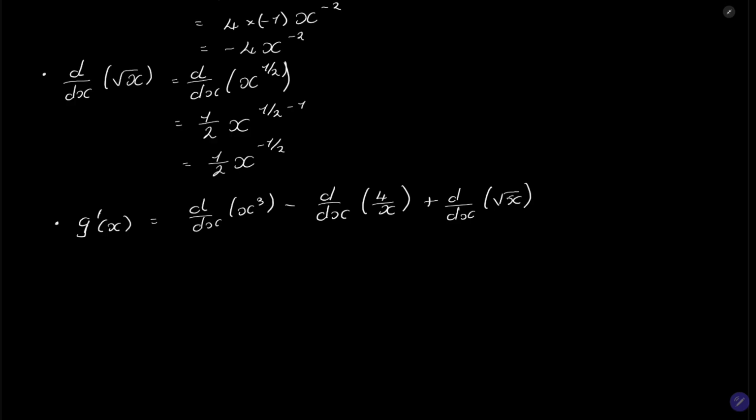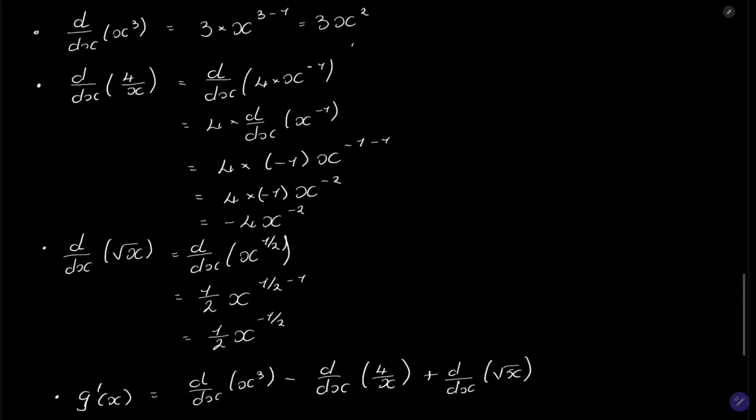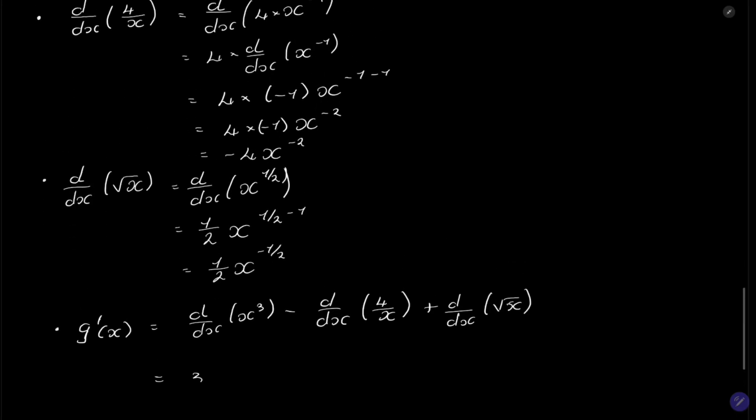Having calculated each of these terms, we will just replace them with the values we obtained during the calculations. Our first value being 3x squared, minus our second value, minus 4x to the minus 2, plus our third value, half x to the minus half.